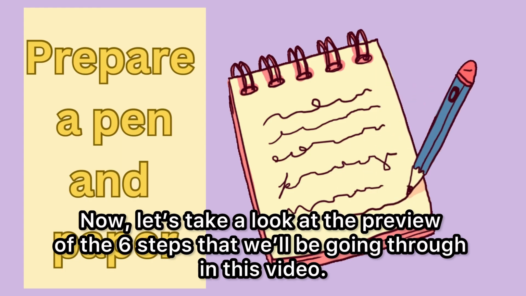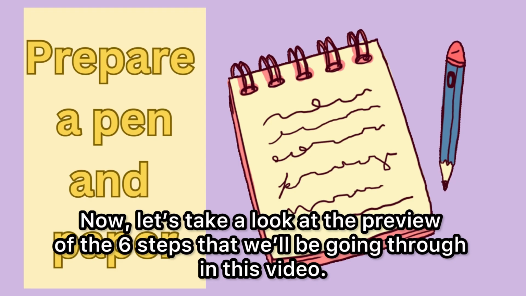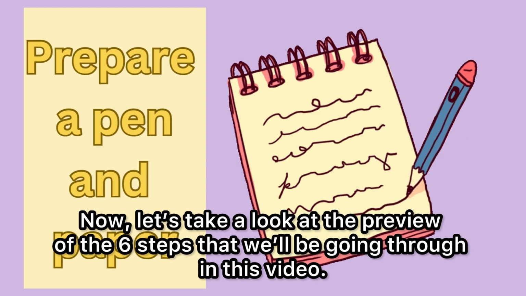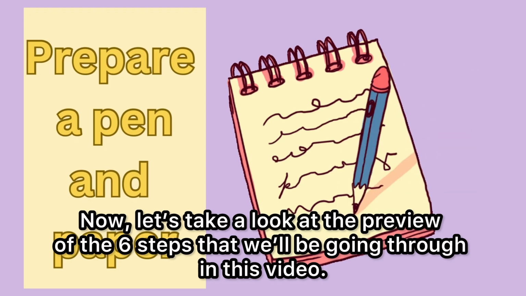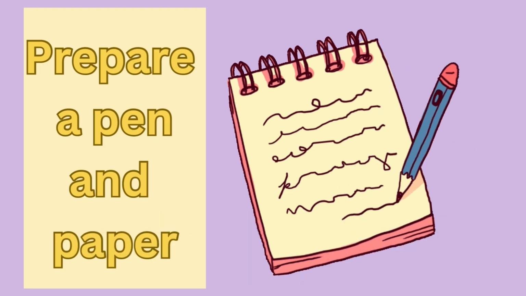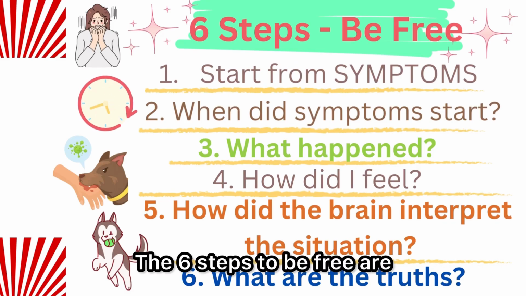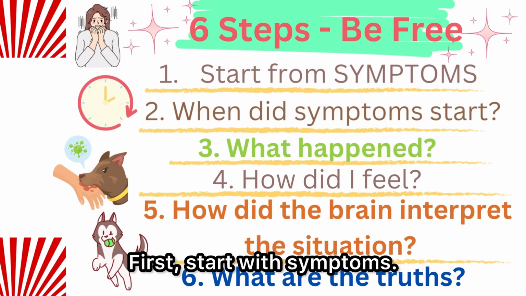Now, let's take a look at the preview of the 6 steps that we'll be going through in this video. The 6 steps to be free are: first, start with symptoms.